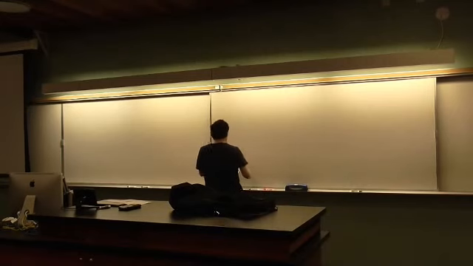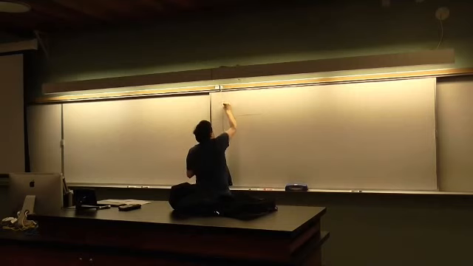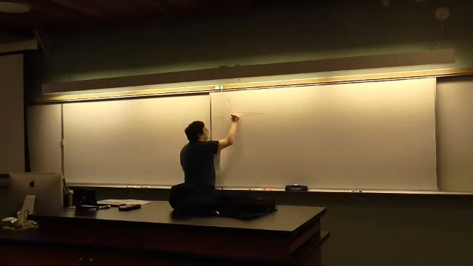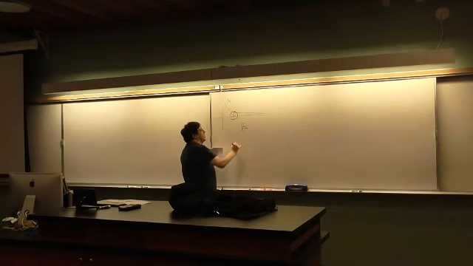So we have a function 1 over x, and we spin that around so we get a cross section which is pi r squared, which is pi over x squared.